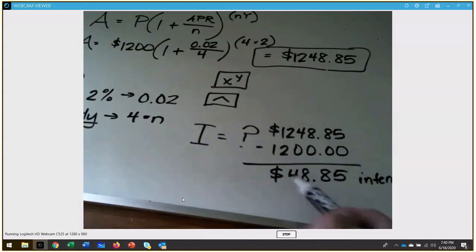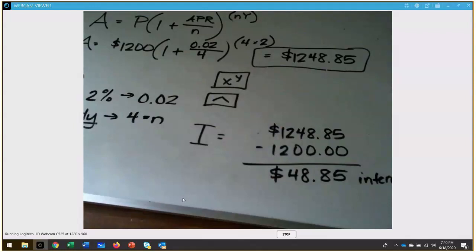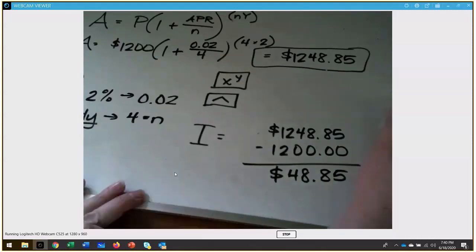So if they ask you for interest on a compound account, that is how you do it. Don't use the simple interest formula. It will not work. That's only for simple accounts. Okay, subtract what you got from what was in the account.